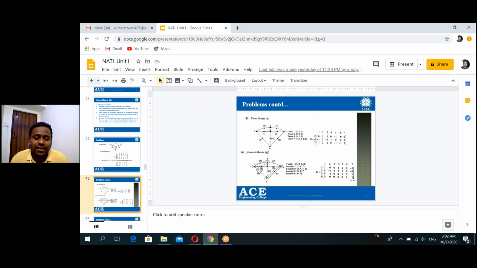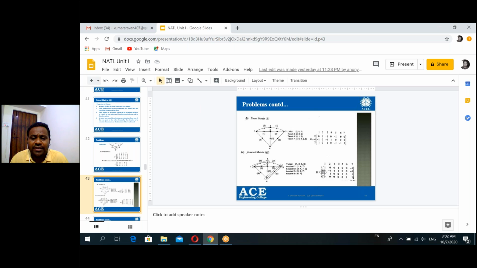If any is towards the node, that will be minus. See everyone, 1, 4, 7. In 1, 4, 7, 1 is the twig, so positive, and that direction is away from the node. 4 is also away from the node, that's why positive. 7 is not away from the node, it is towards the node, so 7 will be minus.